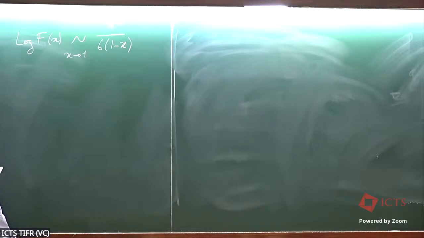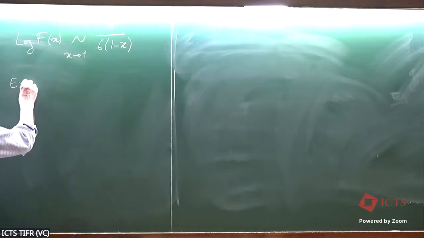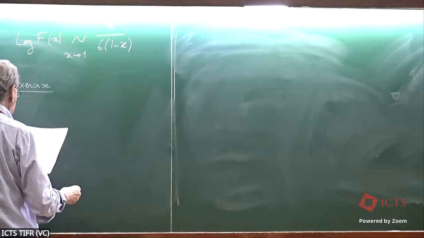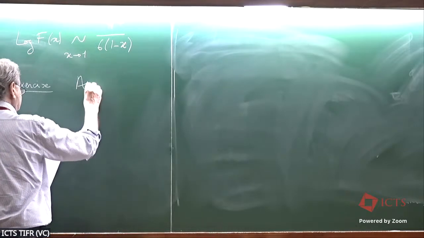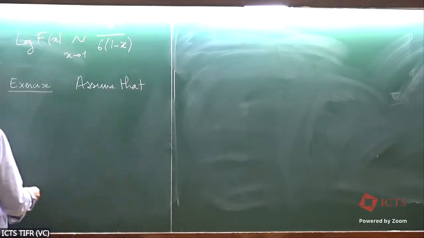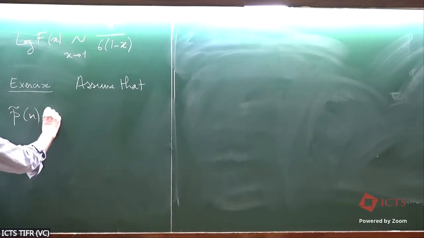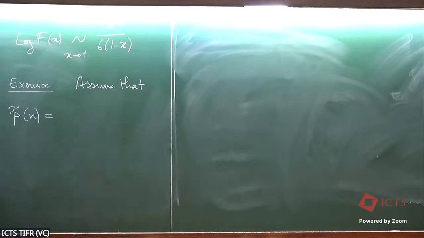So there is a little exercise that you can do. Assume that P tilde of n is, you see, we are looking for a function which is in between exponential and polynomial.